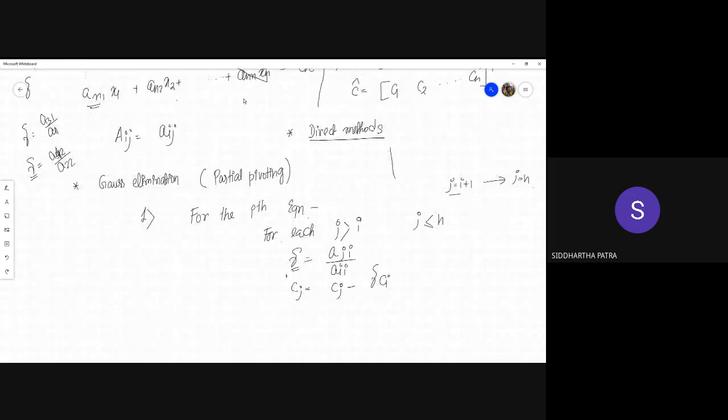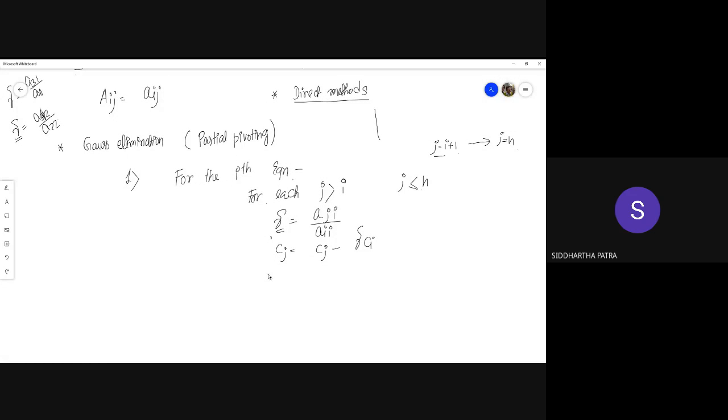And then there is another for loop. Please note how many for loops there are.